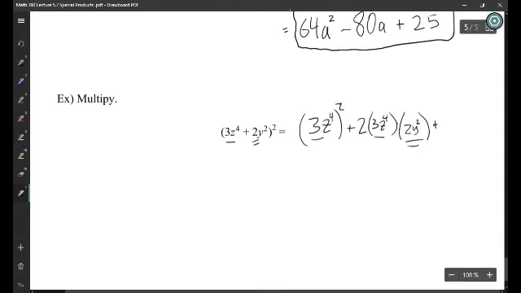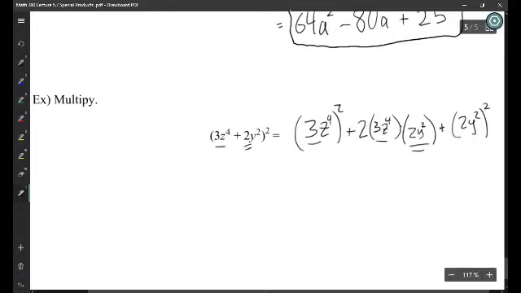And then plus 2y squared, squared. So here we get 3 squared, 9. z to the fourth squared is z to the eighth.